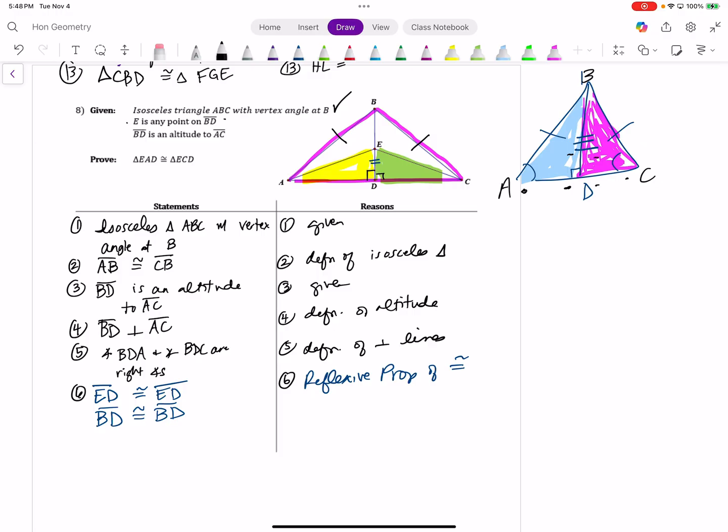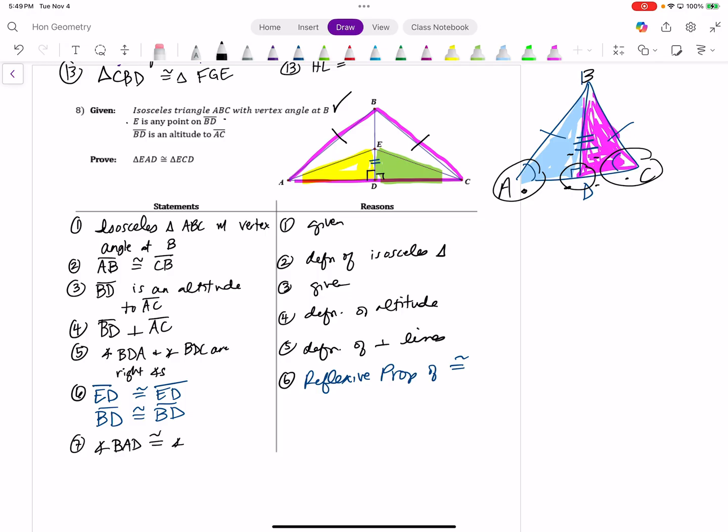But if I'm going to do that, I'm going to need that angle explicitly written, and I don't think I've done that. Oh, and I haven't said this yet either. How about we do that? Angle BAD. All right, let's try this.